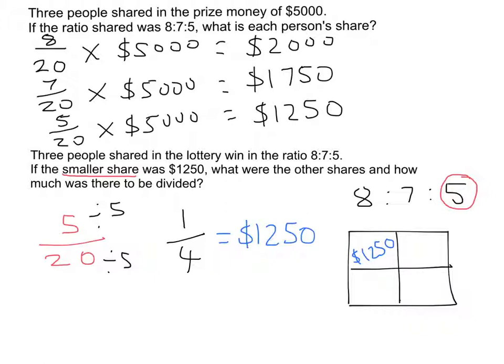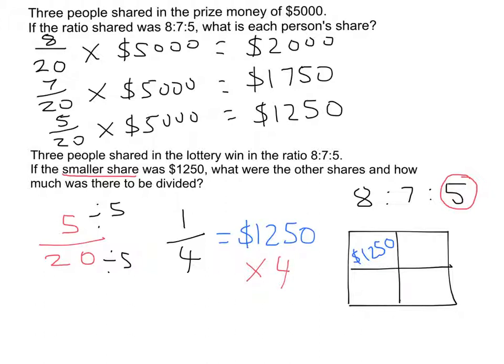Now, if I was to ask you, what is the total prize money? Now it's easy, because if 1/4 is 1250, then we know how to find the total prize money. Remember, the whole is represented by the denominator. All of the parts is represented by the denominator. So if 1/4 of the total prize money is 1250, then all we need to do now is multiply this quarter by 4.